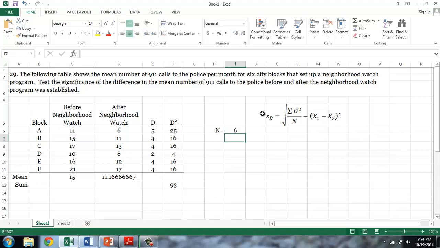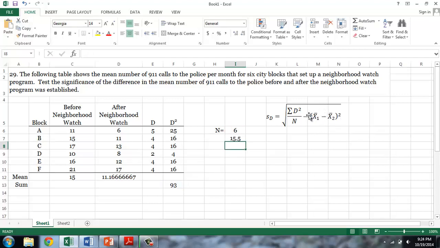Because the standard deviation formula is somewhat large, I'm going to calculate it in steps. So first, I'll calculate this term, the sum of the differences squared over n, which is equal to the sum we calculated divided by our n, which again is 6.